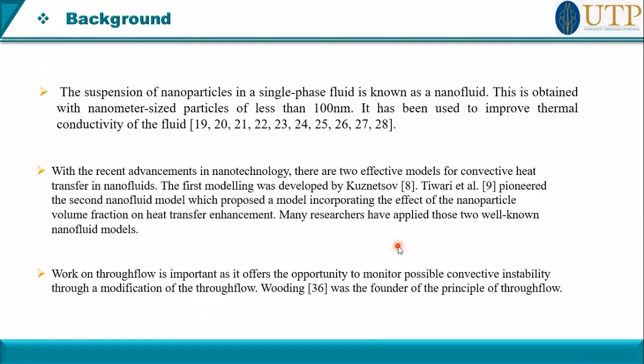Many researchers have applied those two well-known nanofluid models. Work on through flow is significant because it allows for the monitoring of probable convective instability by modifying the through flow.